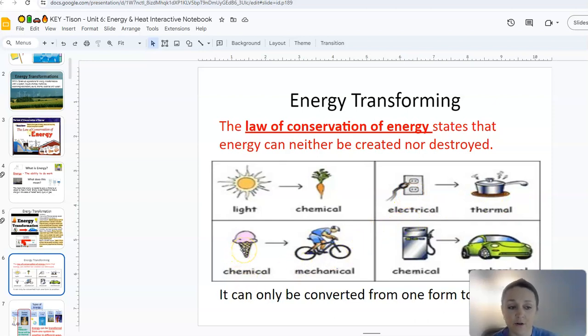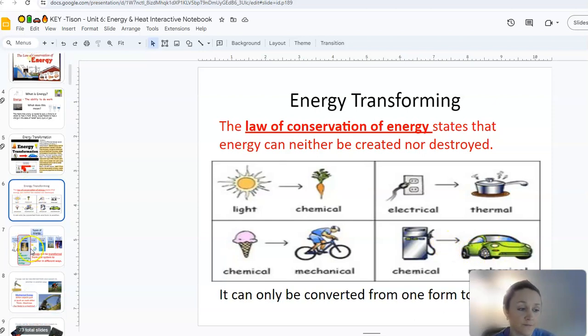Chemical energy in ice cream, when you eat it, probably not the best choice before a bike ride, is used to create mechanical energy in you. You can move when you have chemical energy from food. And then in the same way, chemical energy from gasoline acts as the food for the car as it moves forward. But remember, some of that gasoline energy is lost as heat. Some of it is useful for making the car move forward.